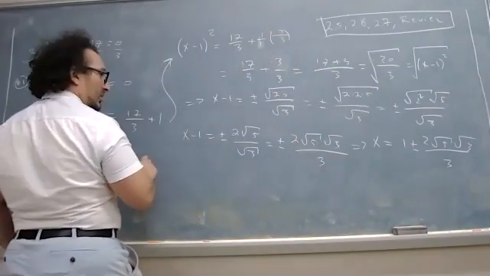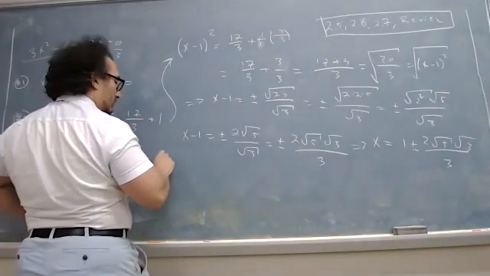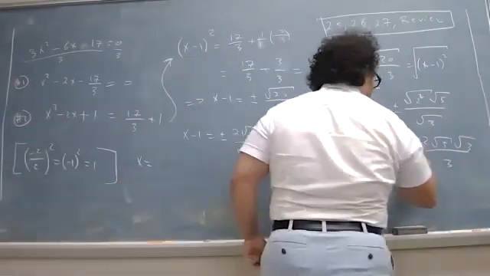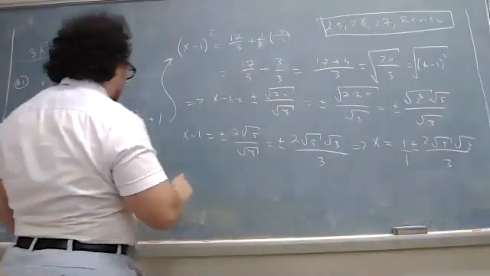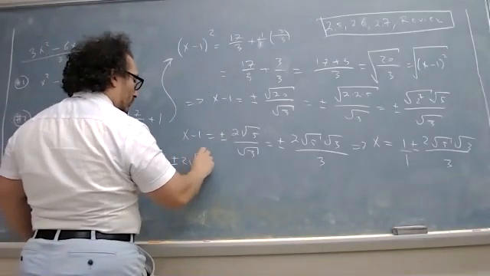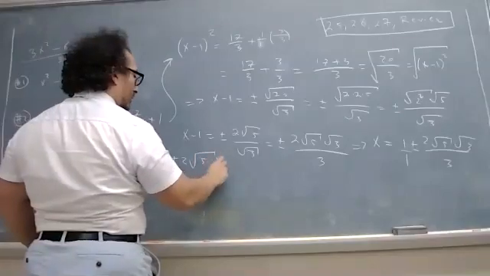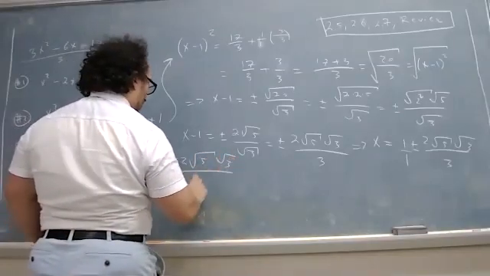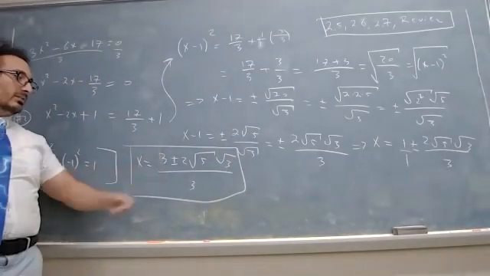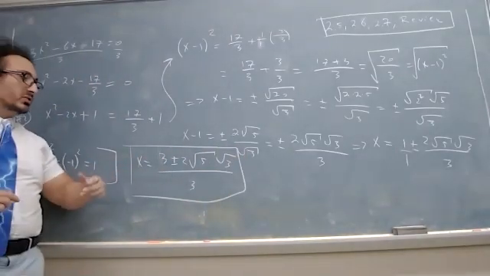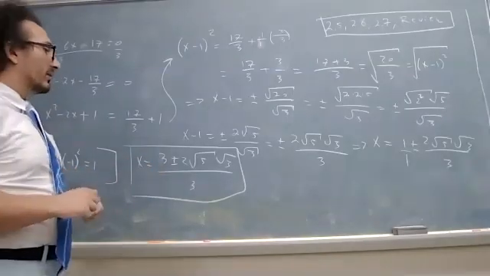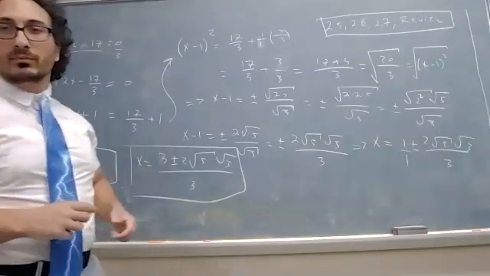And so establishing a common denominator, I get x is equal to 1. Multiply top and bottom here by fancy number 1. Multiply top and bottom by 3. So I get 3 plus or minus 2 root 5 root 3, everything all over 3. Then one of the roots is when we elect to add: x is 3 plus 2 root 5 root 3 all over 3. Then the other root is 3 minus 2 root 5 root 3 all over 3.